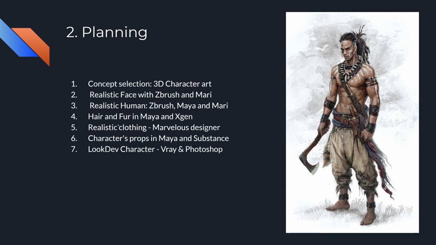Then hair and fur. Then we will go to the clothing. Then we will work on the props. And at the end, we will do the final look depth, lighting and rendering with V-Ray and Photoshop. So with this, you have an idea of how the process will be. And I want you to do the same with your character.